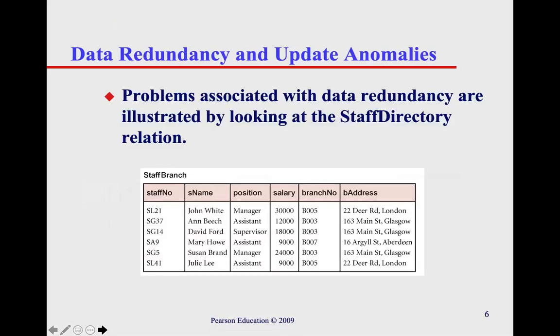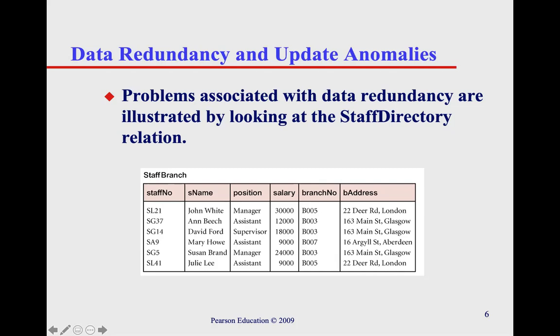Okay, so here is what might happen if you simply take information from forms. Let's say that one of the pieces of information you have access to in the property management company is a staff directory.